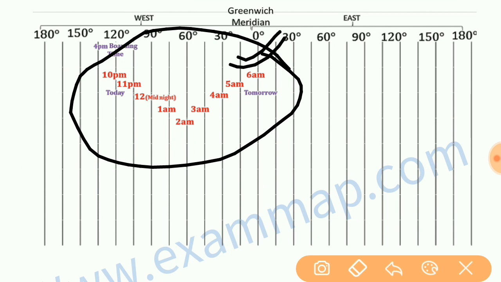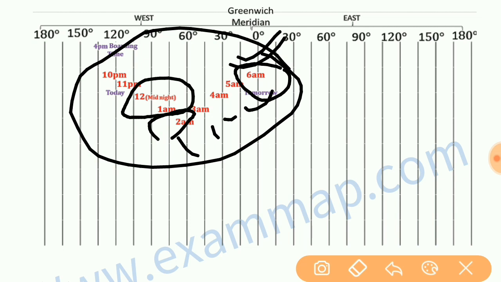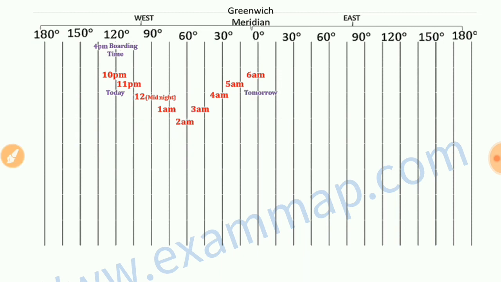Suppose at 0 degrees we have 6 a.m. Then we have subtraction to the west side: 5 a.m., 4 a.m., 3 a.m., 2 a.m., and at 75 degrees 1 a.m. At 90 degrees we get 12 at night, which is midnight. It means we will get another day.